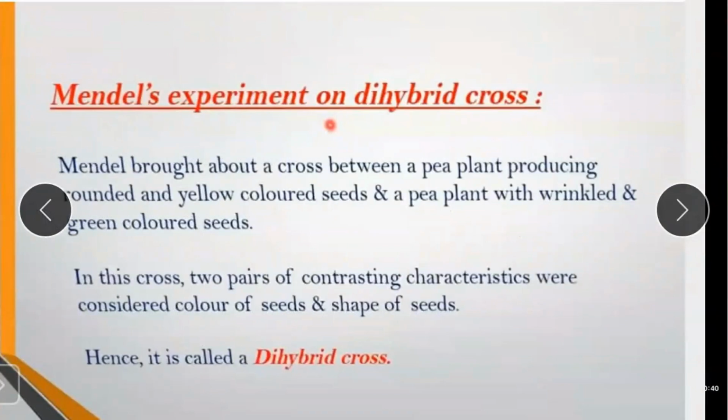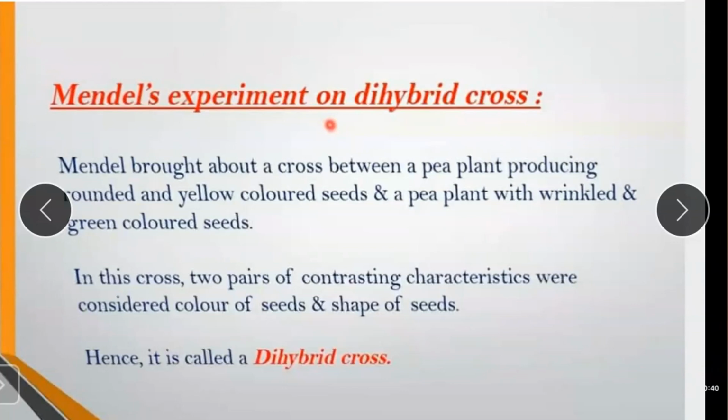Mendel brought about a cross between a pea plant producing rounded and yellow colored seeds, see here, two characters are there, and the pea plants with wrinkled and green colored seeds. Okay, what are the two characters? The plant which has rounded and yellow seeds, and the plant with green and wrinkled seeds.